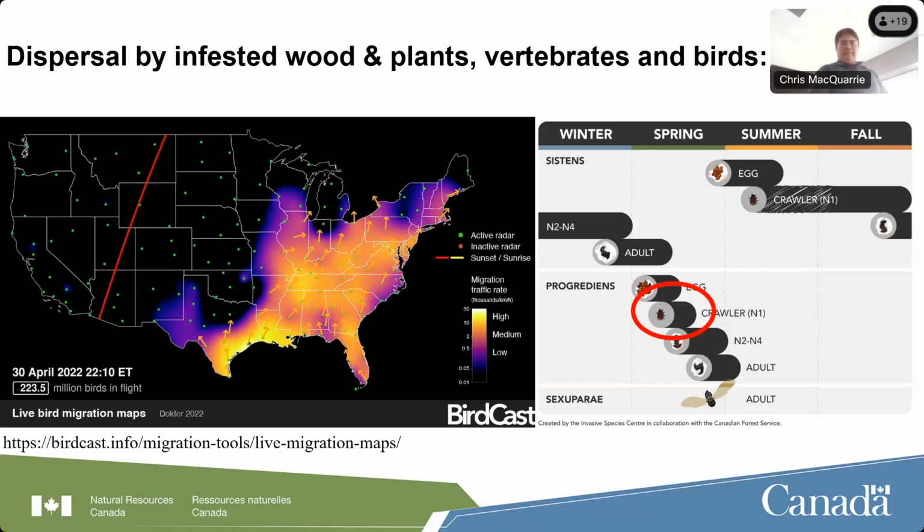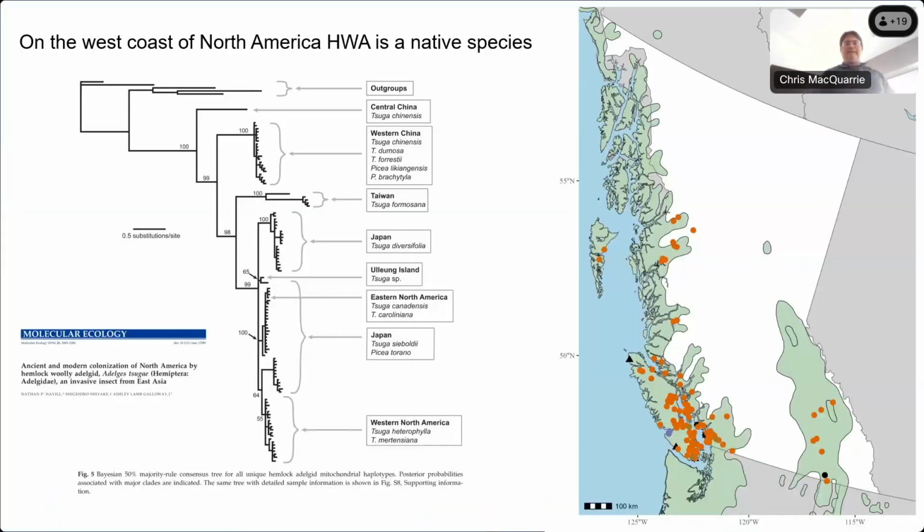Where hemlock woolly adelgid is neat is that on the west coast of North America, it is a native species. So it's this really weird, unique invasive species thing where on the west coast it's a native species, and on the east coast it's an invasive species. And that's because in historical time, in geological time, Western North America and Asia were connected.